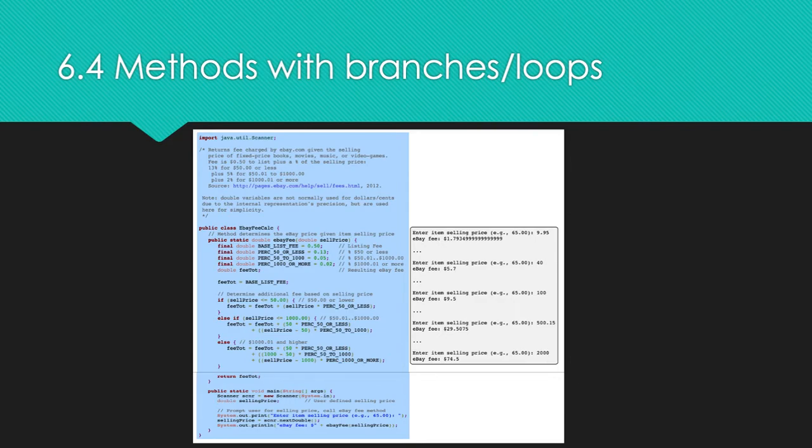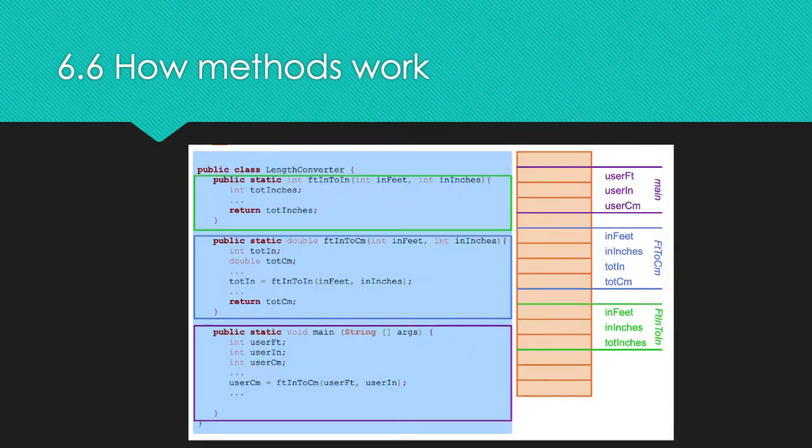So next, take a look at 6.6, how a method works. Basically, each method call creates a new set of local variables, forming part of what is basically a stack frame. In this case, from the main program, the integer is declared here, followed by the method.